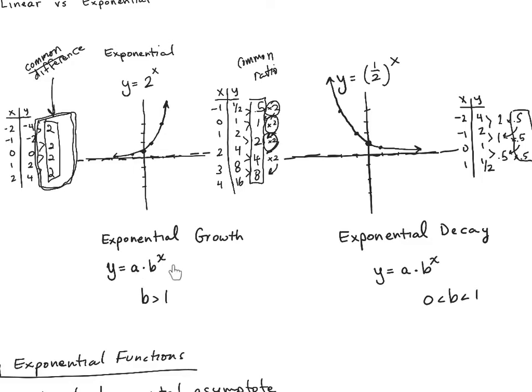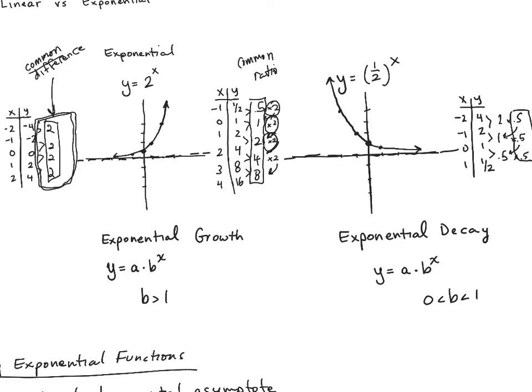So for example, if I put a +1 outside of the function here, that would result in a vertical shift, which moves the graph up 1 unit. So the horizontal asymptote and the graph would move up 1 unit. If I put a -5 outside of the function, that would result in a vertical shift down 5 units. So the horizontal asymptote and the graph would shift down 5 units.